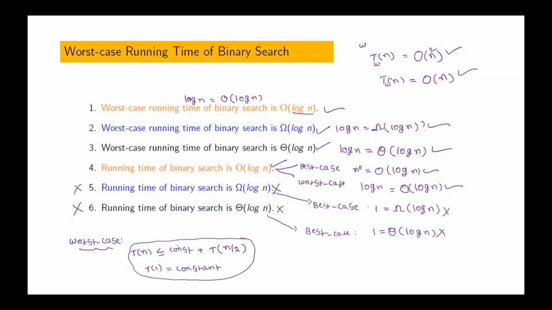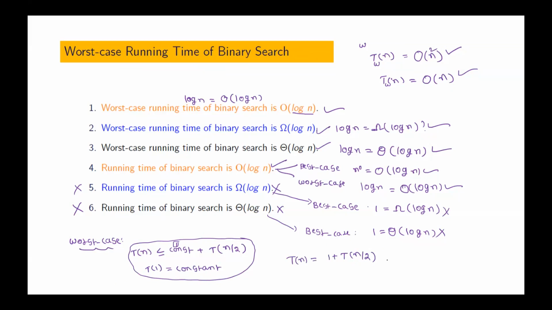Not only that, one need not always be there. Even other operations count, it is taken into consideration. Still, this is correct. But after mentioning worst case, even if it is written as T of n is 1 plus T of n by 2, still we can consider it as correct.